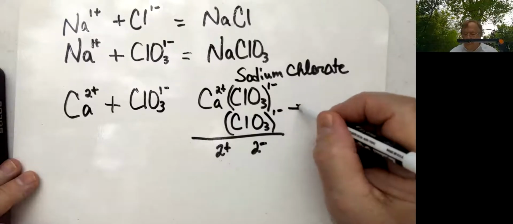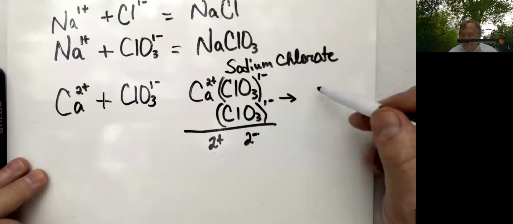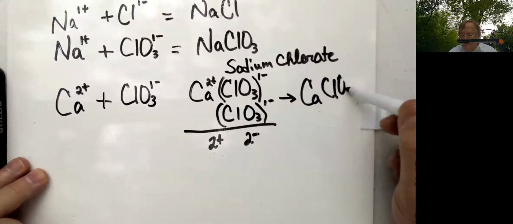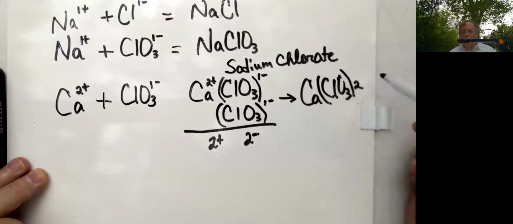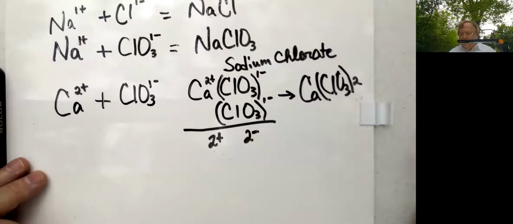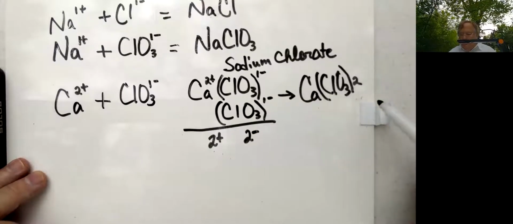All right, so over here, how do we write that? Well, we write CaClO3, leave the parentheses, and we put a 2 on the outside of the parentheses. These are subscripts now. Write them low. Don't write it even, write it low.